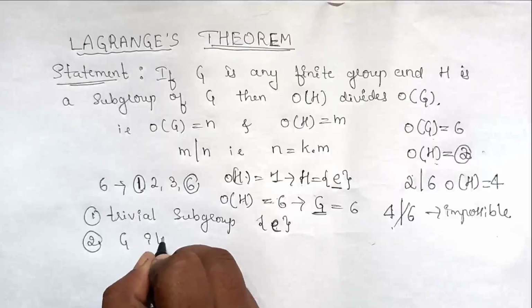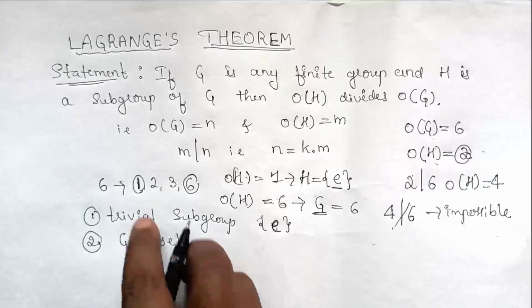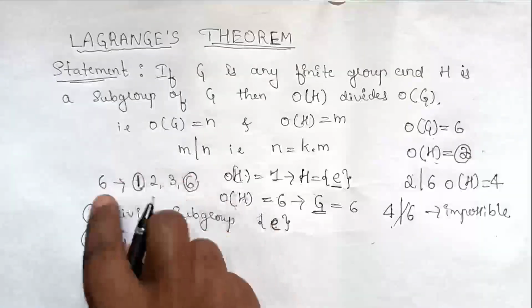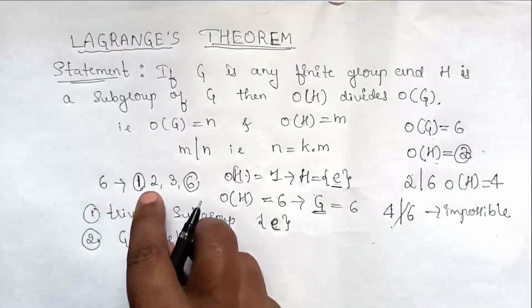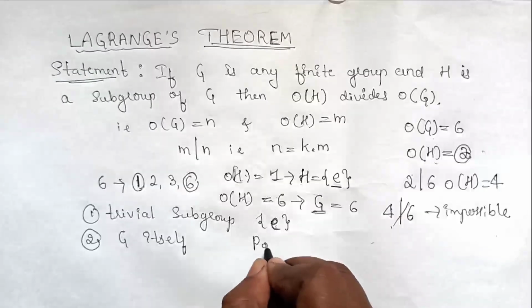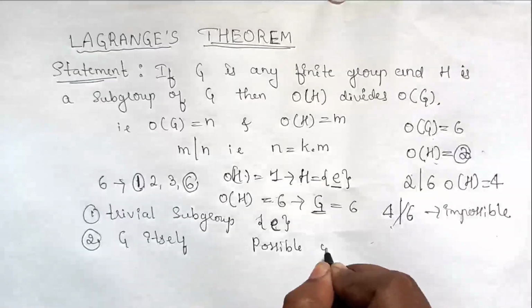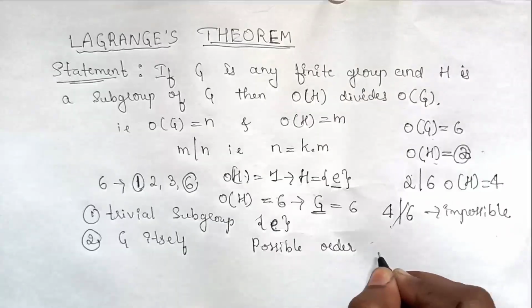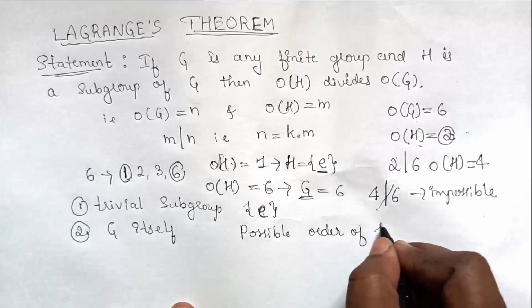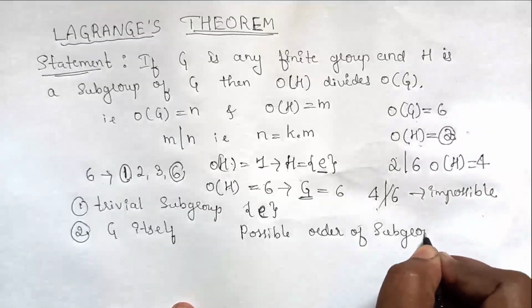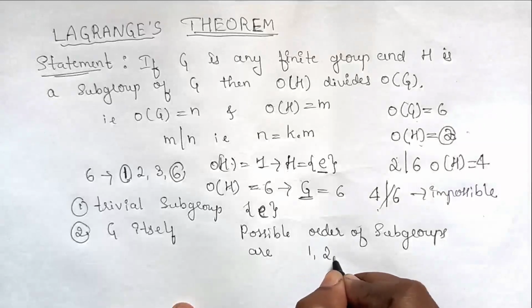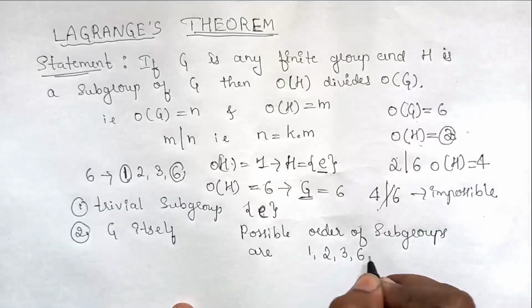Therefore the integers that divide 6 are 1, 2, 3 and 6, so the possible orders of subgroups are 1, 2, 3 and 6.